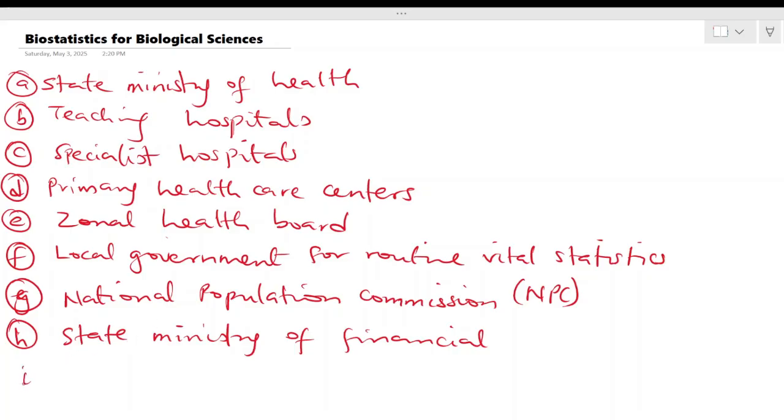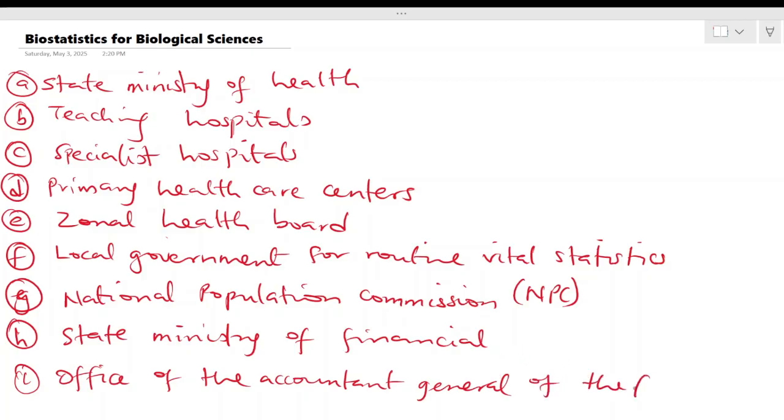And we have I, which is the last but not the least, the Office of the Accountant General of the Federation for public finance statistics on the sector.